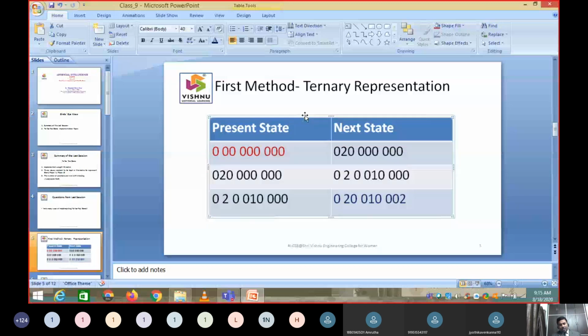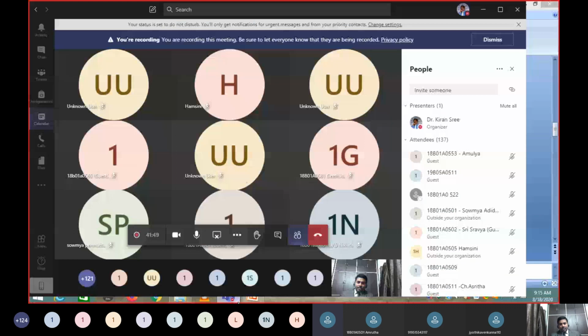Is it something around 2 power 3, or is it something around 3 power 9? 3 power 9. Why 3 power 9? Because there are three types of values and 9 positions. What you said is right.